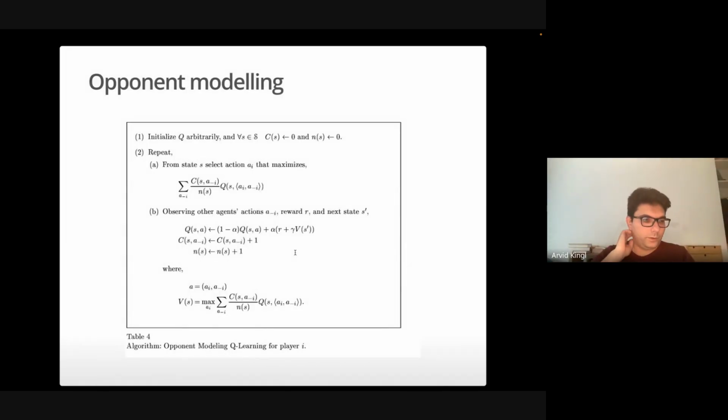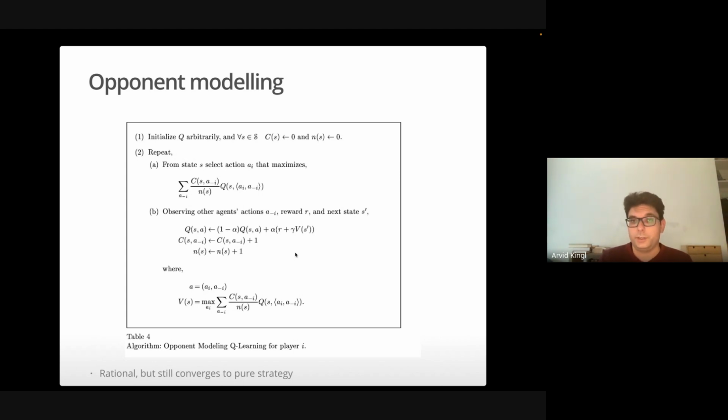Lastly, one option is opponent modeling, where you keep track in each state of what actions were chosen by the opponent. Then you optimize essentially given that I have an inkling that the opponent is going to use this action more likely than others, what value should I choose?